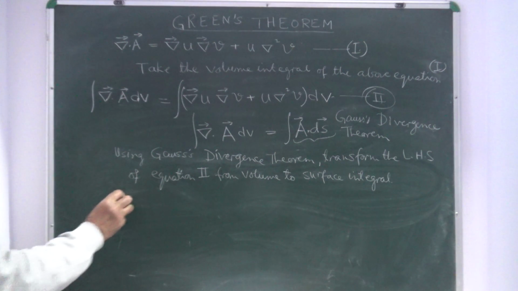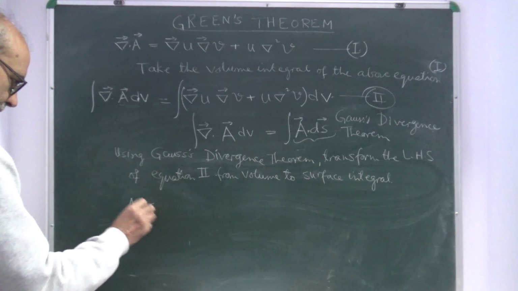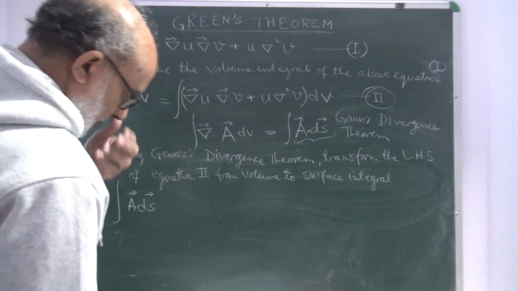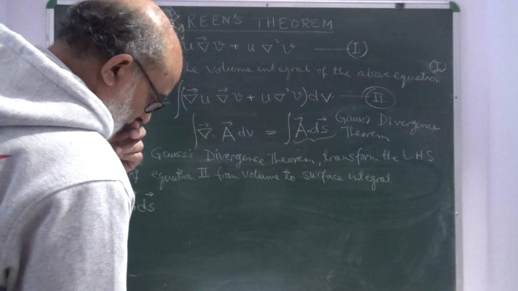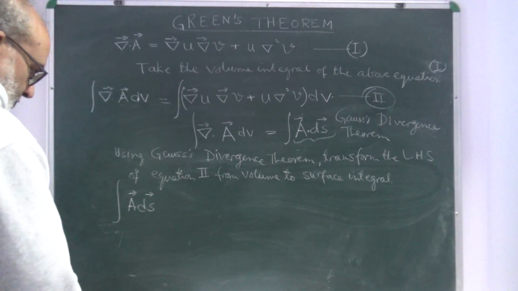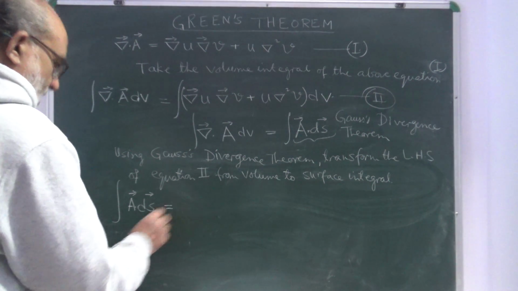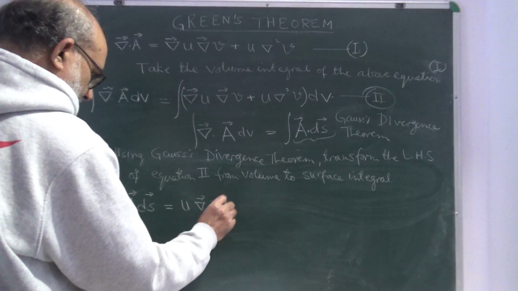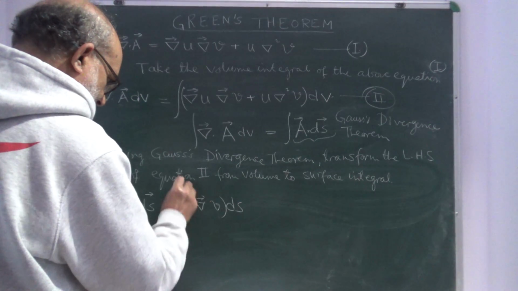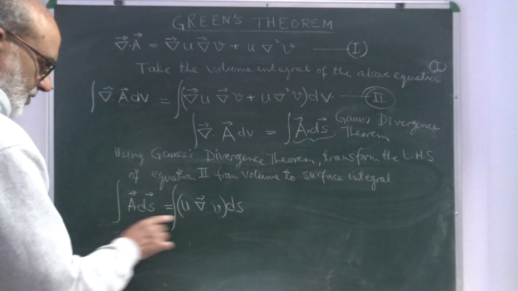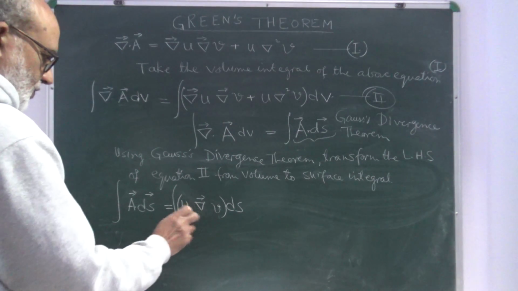So this will be A dot ds, where A is u times gradient of v.